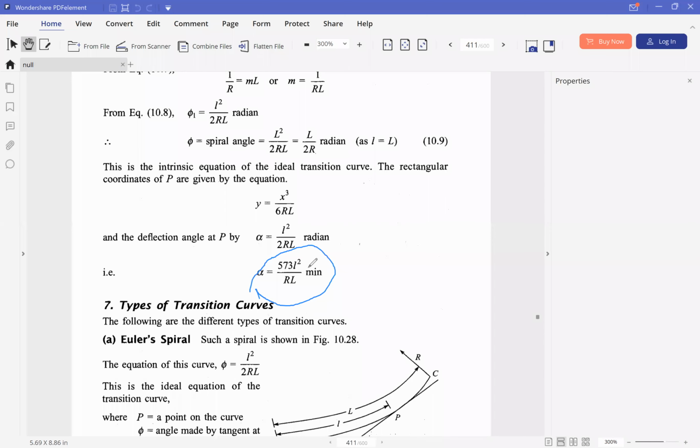We know that there is a circular curve in the center, and capital L is the overall length of your transition curve. The small l is basically the length of that particular segment for which you are calculating the deflection angle. We will see this in a moment.